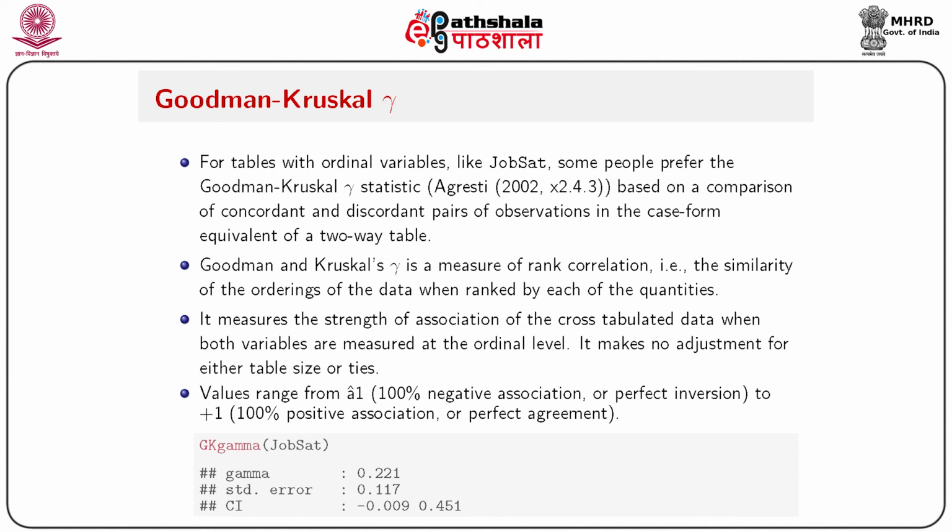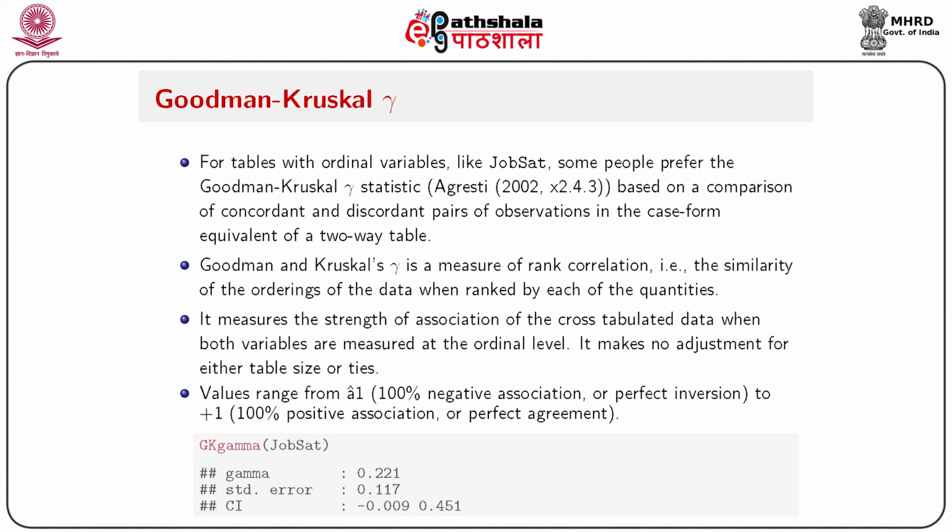The Goodman-Kruskal gamma statistic is based on a comparison of concordant and discordant pairs of observations in the cases of an equivalent two-way table. Goodman-Kruskal's gamma is actually a measure of rank correlation, that is, the similarity of the ordering of data when ranked by each of the quantities.